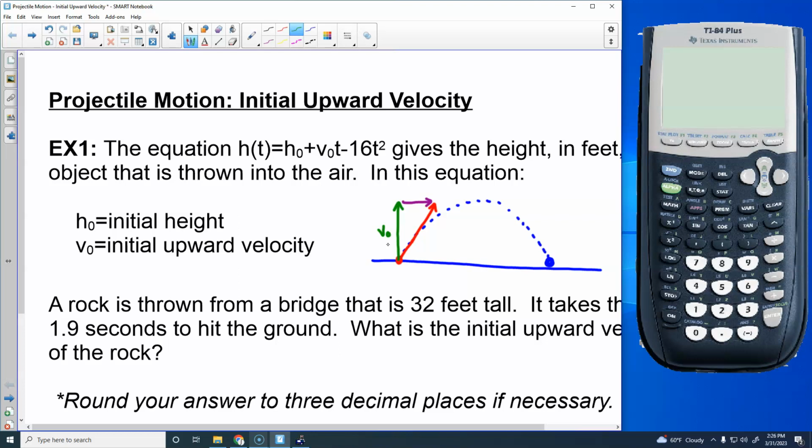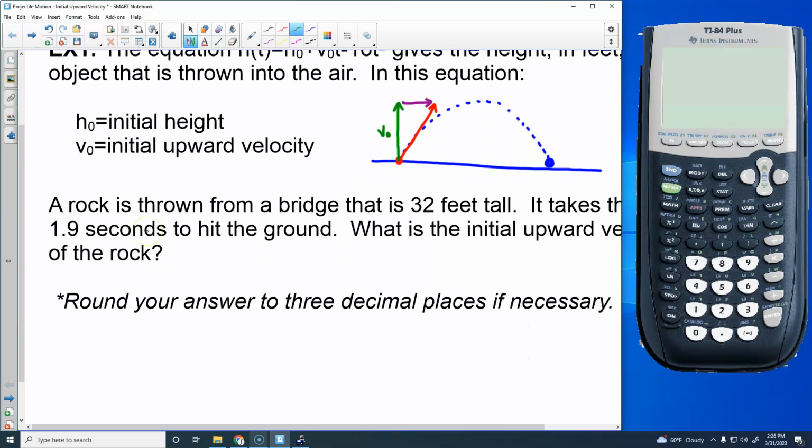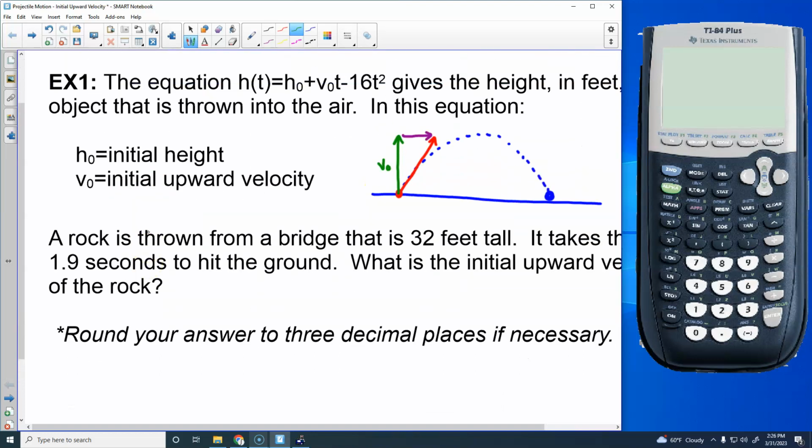And if your pumpkin gets shot straight into the air, it's not going to travel 5 feet, and you are not going to get counted as having a working catapult, right? Because our point is to shoot it further away. So there is another way that we can find initial upward velocity, and this is what we're going to do whenever we do our experiment with our catapults.